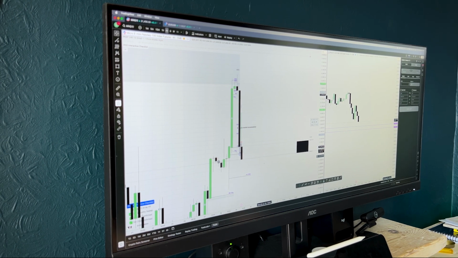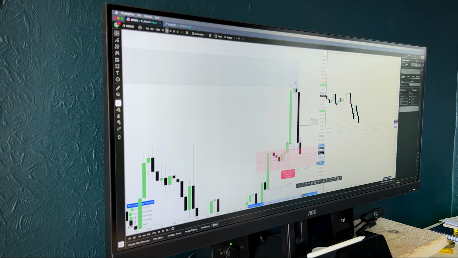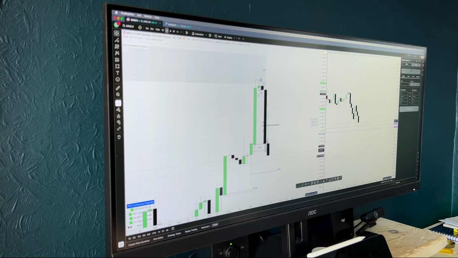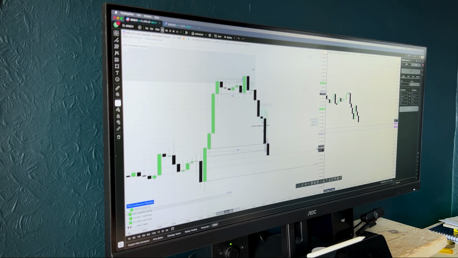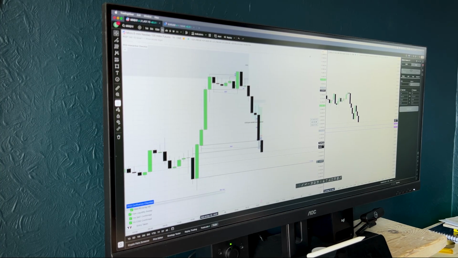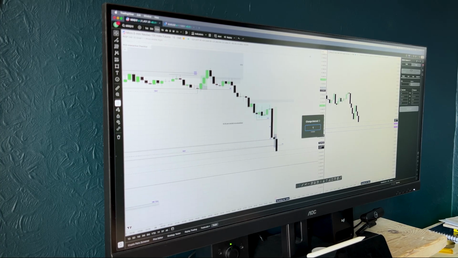This level here would be the 4-hour change in the state, which we didn't close below, so that's why I was still a bit bullish. On the 1 hour as well, we still had to close all the way down here, so yeah, it is what it is.